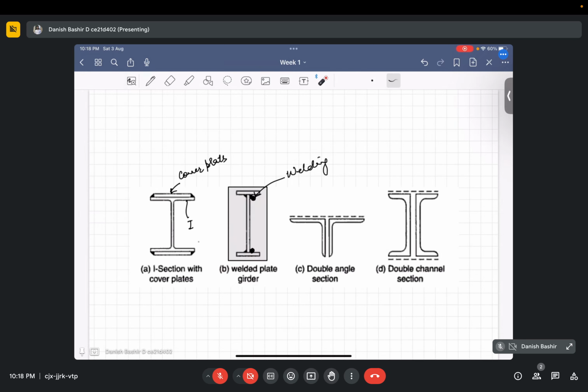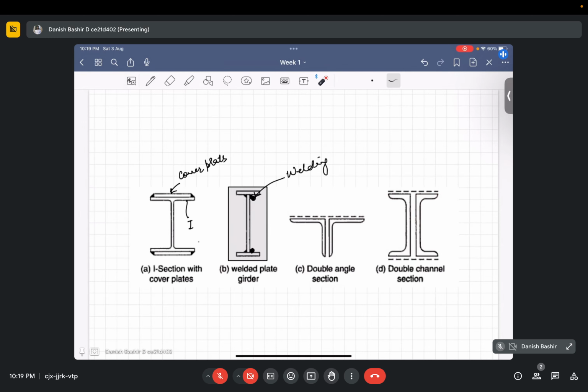Okay, then we might have a double angle section, like one angle section is this, one angle section is this. Using these two angle sections, we join them with a plate or some strip at the top, so we call it a double angle section. Or in the same way we will have two channels, one channel like this, another channel like this.